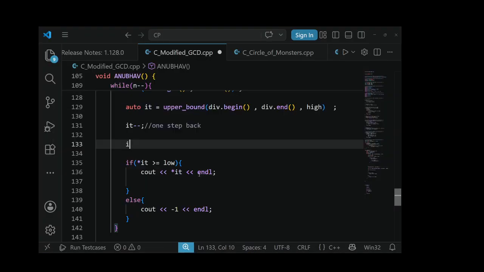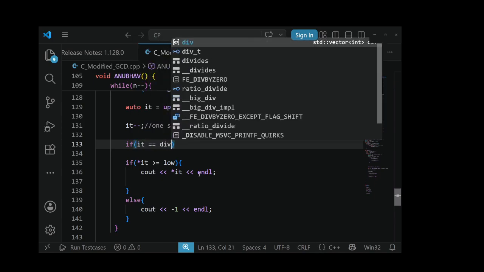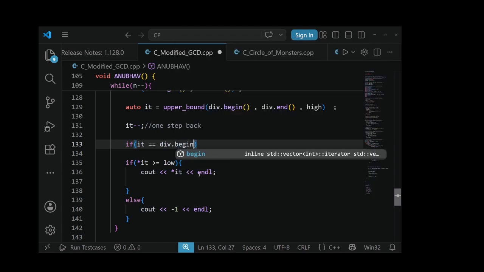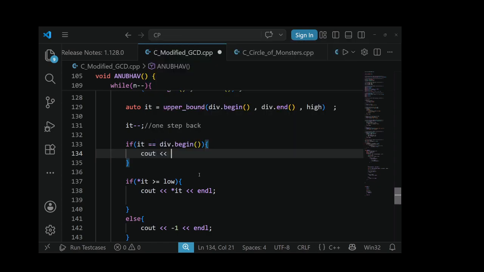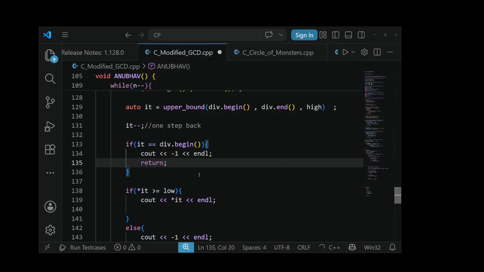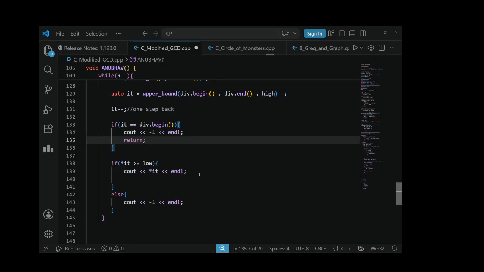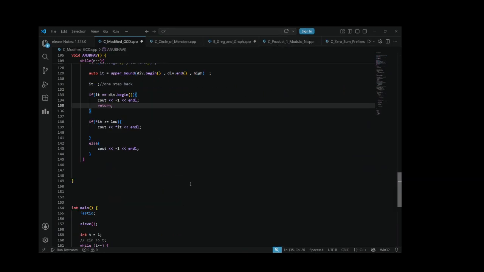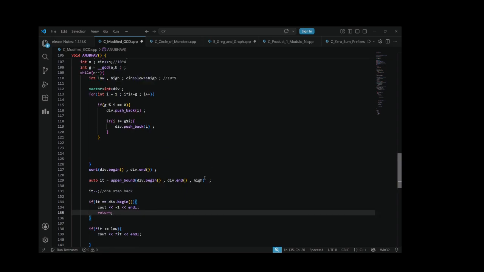So if it equals div dot begin, that means nothing is available. So we'll write this as our answer and then we'll return. I think the code is done.